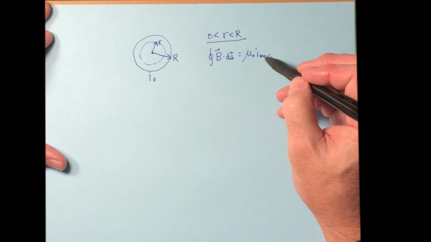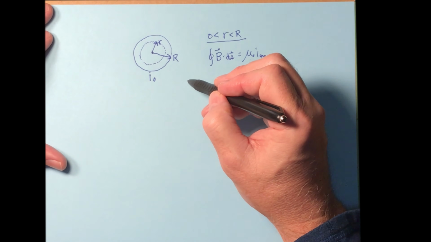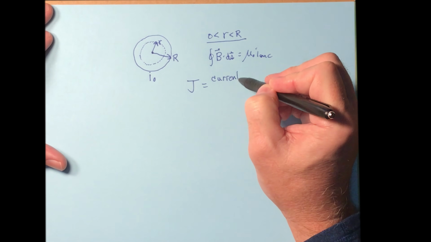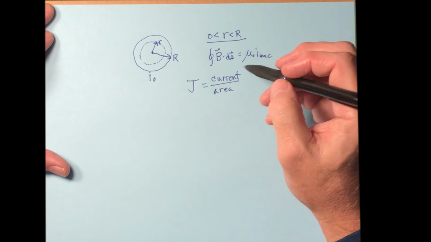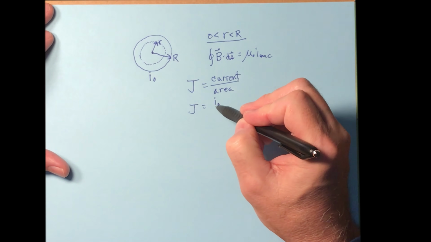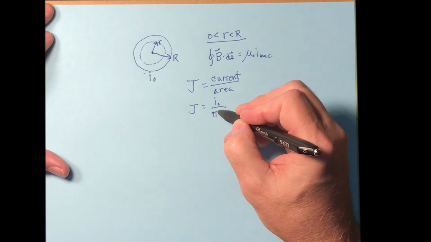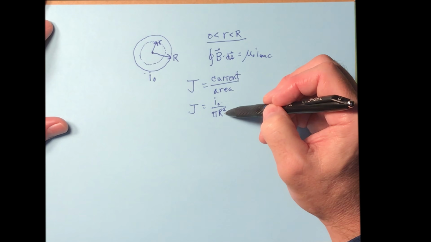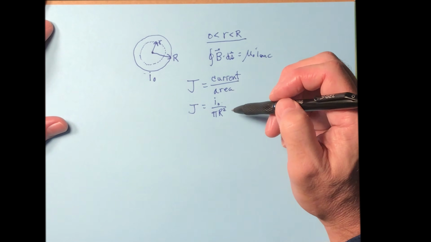Well, here we rely upon something that we already have a definition of, and that is current density, J. Current density is the current per area. Now, J in this case is going to be the total current, I naught, divided by this total area, which is just going to be pi big R squared. If I naught is known and big R is known, that's the radius of the wire, then this quantity could be computed.